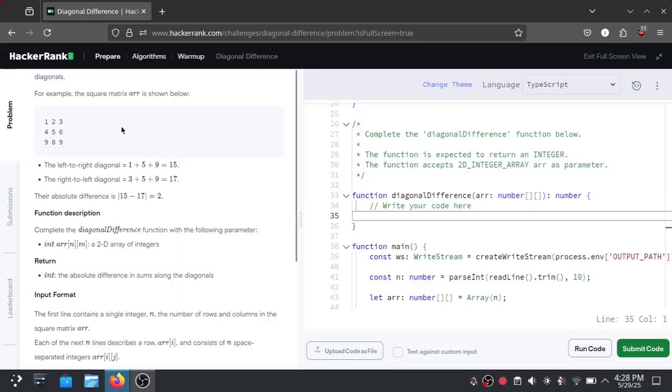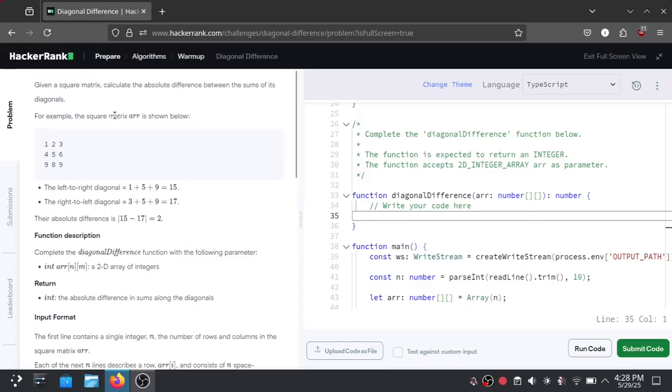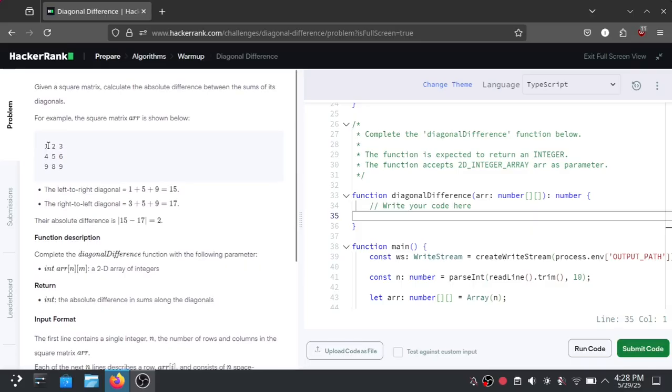In this case, we are trying to solve a two-dimensional array that contains a matrix of numbers, and we are tasked to calculate the difference between the top left to the bottom right diagonal and then the top right to the bottom left diagonal.